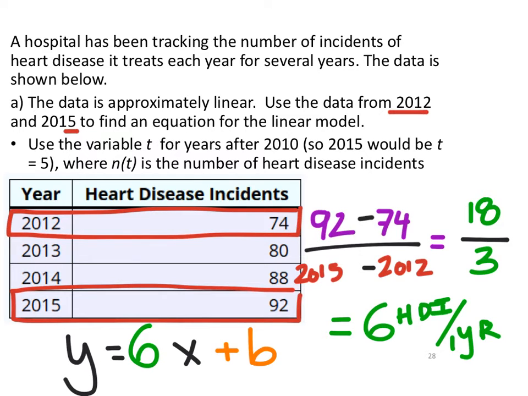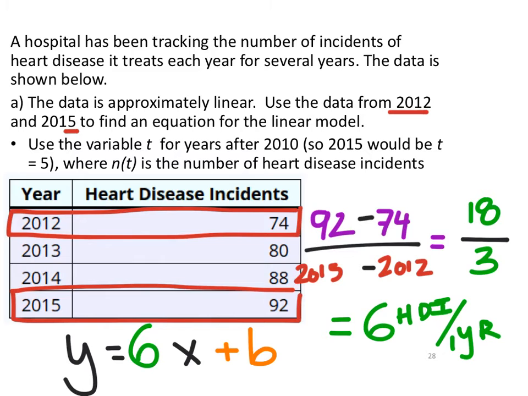And year 0 is the y-intercept, by the way. Then that's 2 years of 6 heart disease incidents per year, so that's 12 total for the 2 years.